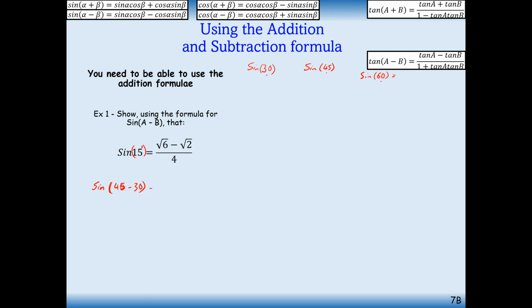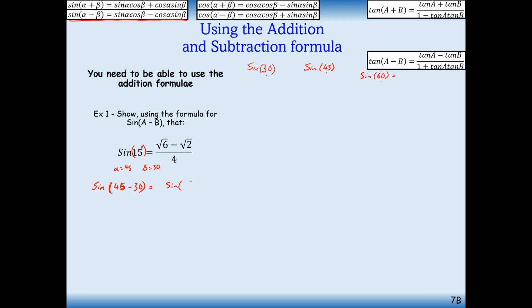So if we use the formula for subtracting sine here, we're going to call our alpha 45 degrees and our beta 30 degrees.